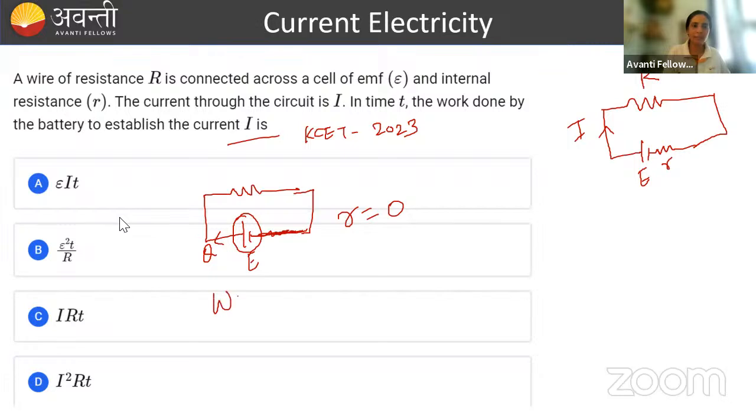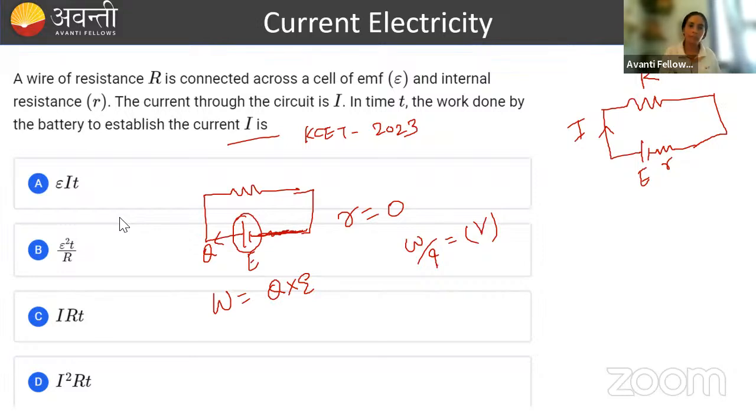That is equal to Q into EMF. EMF is potential, you would have studied this in electrostatics. Work done per unit charge is the potential difference, or potential. So this EMF is potential, and work done is Q into E.